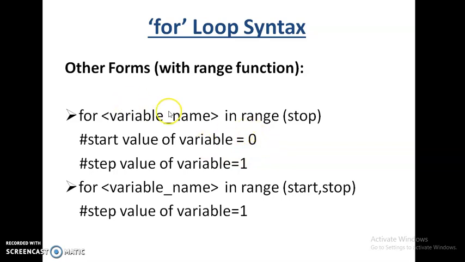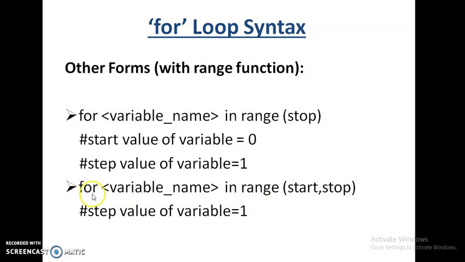That means this variable will start with 0. In our example, it started with 3, but in this form, any variable will by default start with 0 and will take a step value of 1. That means it will increment by unity.